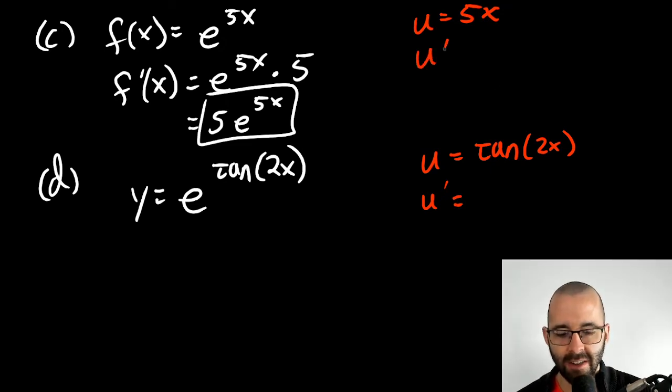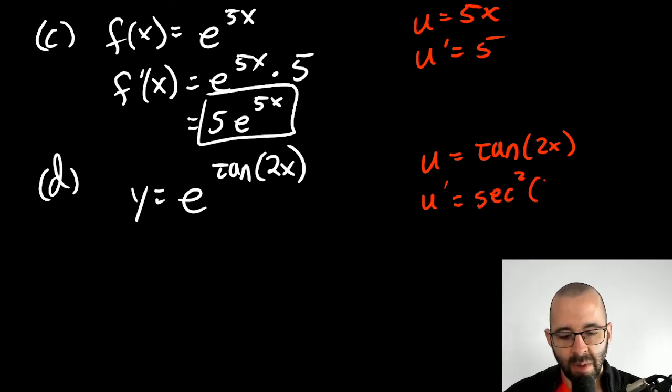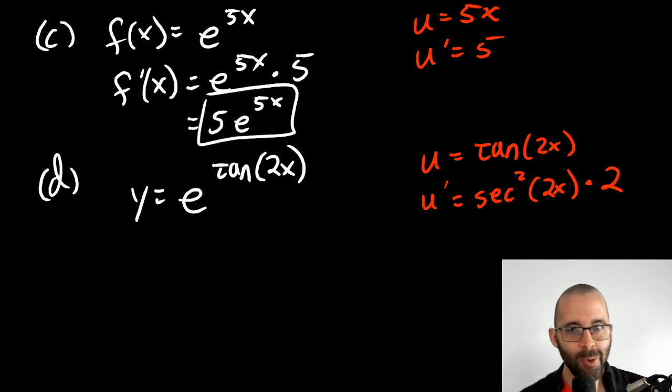Here I didn't write it down, but u prime was just 5. What's the derivative of our inside function? Well, derivative of tangent is secant squared. We have to use the chain rule again. Leave the inside the same and multiply by the derivative of that inside. So we got chain rules on top of chain rules.